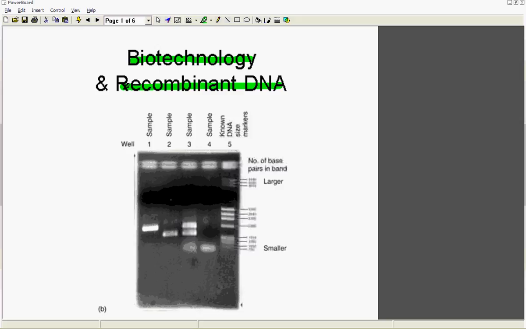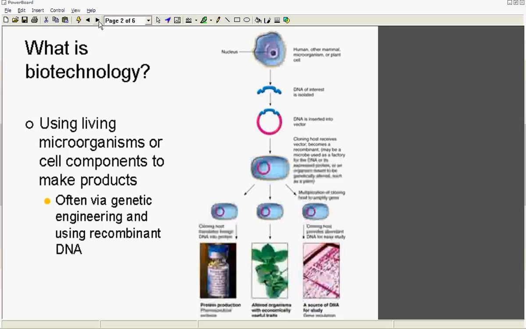And we're going to go through each of these separately and talk about biotechnology first to start with. In essence, biotechnology is any time I use a living organism or some sort of a cell part in order to make products. For example, this could be using bacteria to manufacture insulin for diabetic patients, which is something we do all the time.